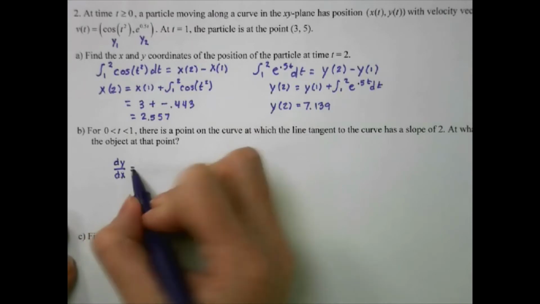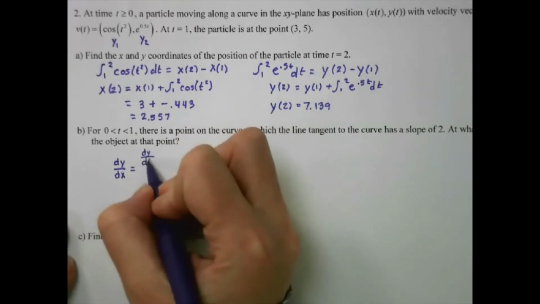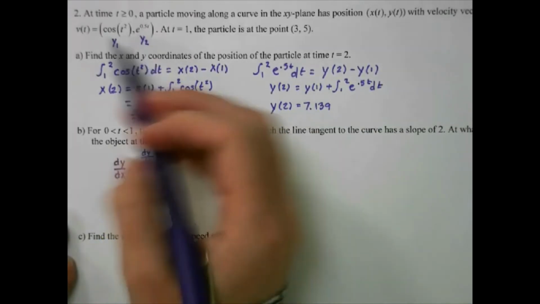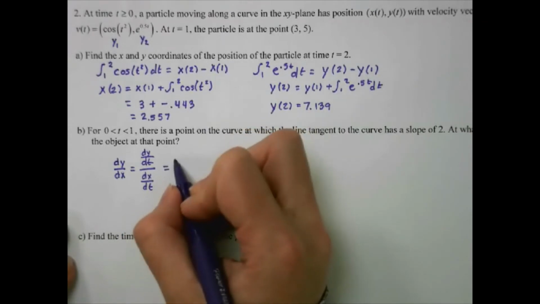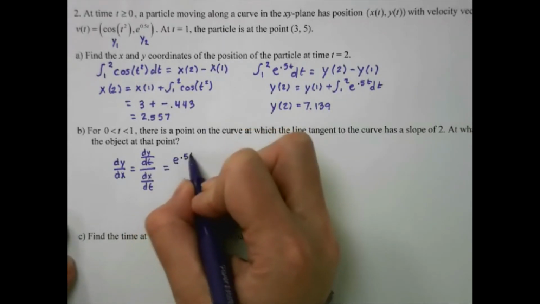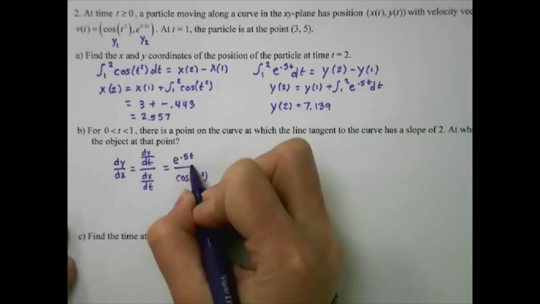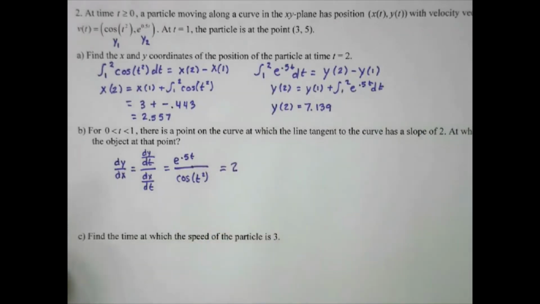Well, in this case, that's going to be dy/dt over dx/dt, or in this case, our two equations. So this is just going to be e to the 0.5t over cosine t squared. So we're wondering, does this equal 2 at some point between 0 and 1?